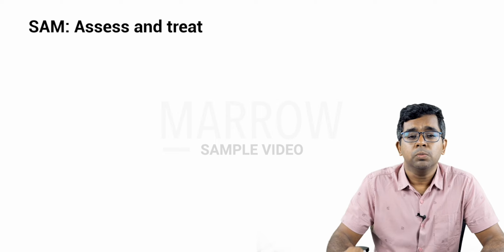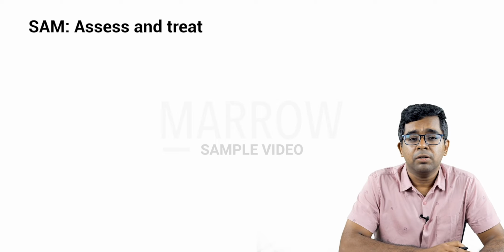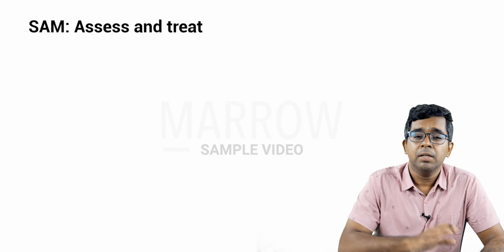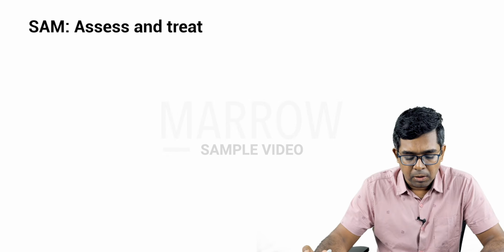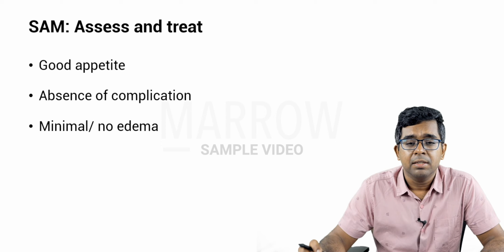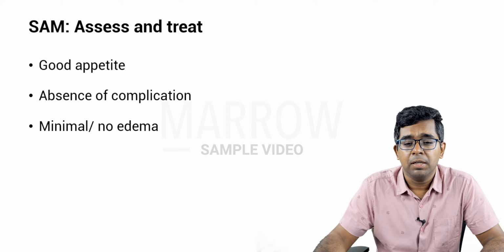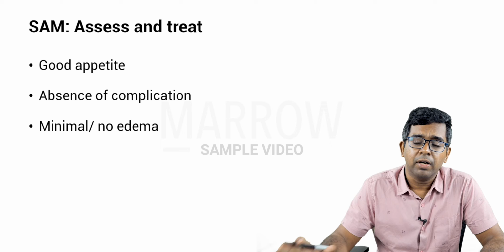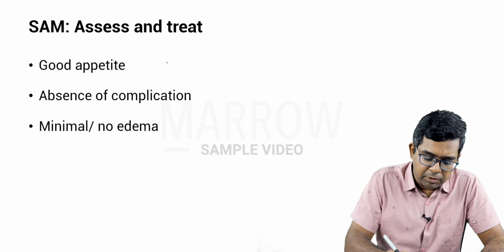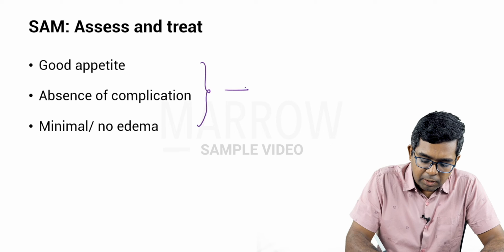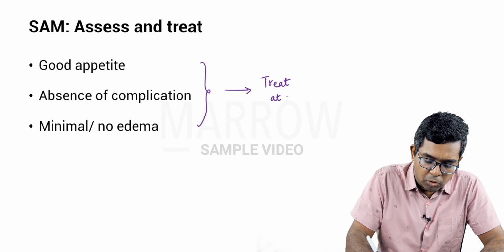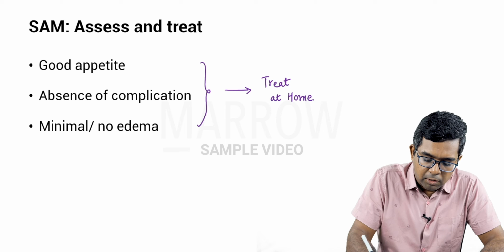Then we move on to assessment and treatment of severe acute malnutrition. Remember, in any child presenting with SAM, you have to ask three things. One is about the appetite. Second, you have to assess whether there are any complications. Third, you have to look for edema. If the child has a good appetite, no complication and minimal edema, it means that treatment can be done at a home setup or at the community healthcare level itself.